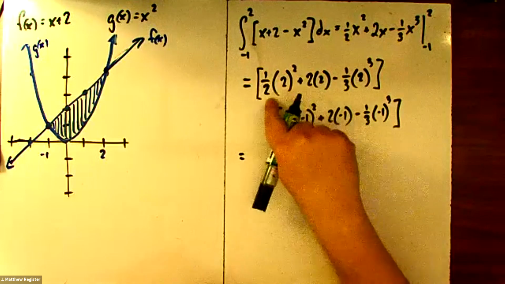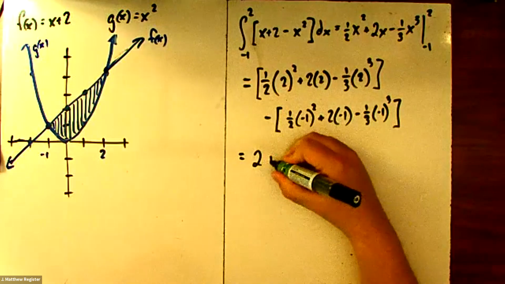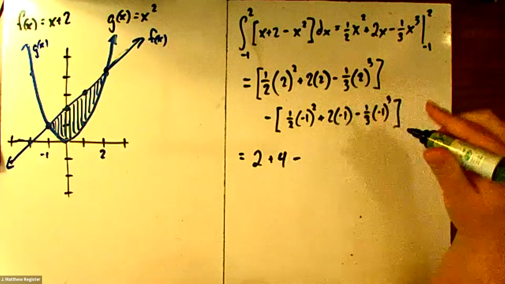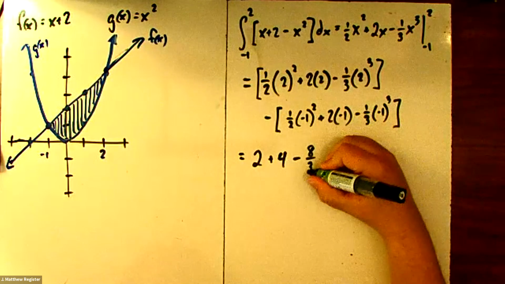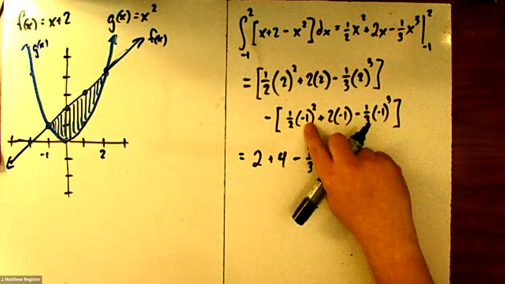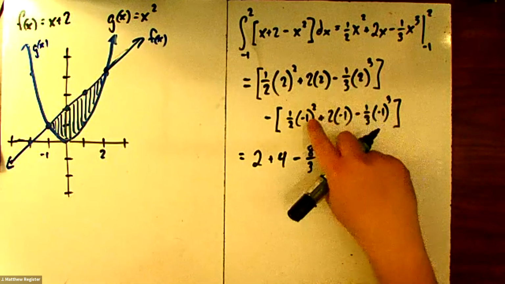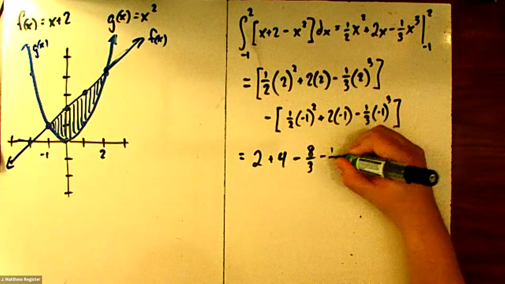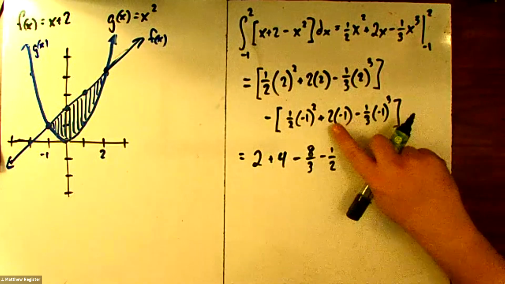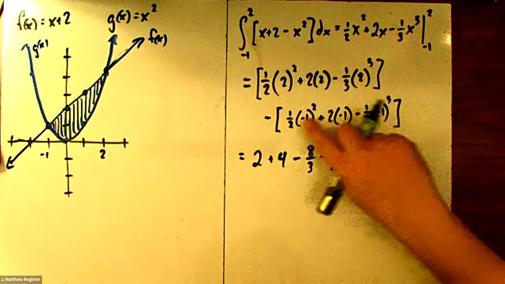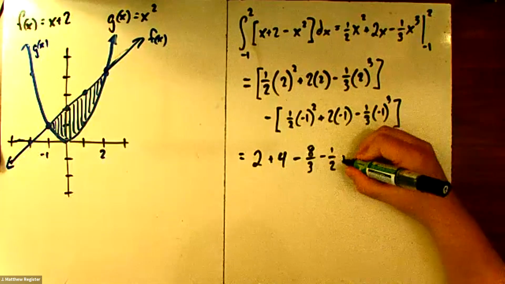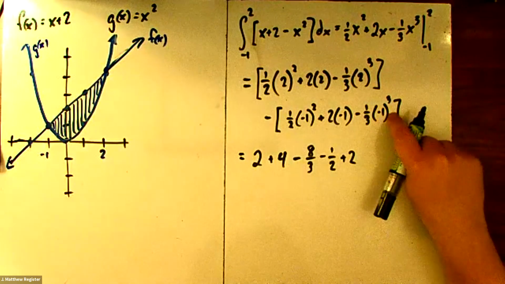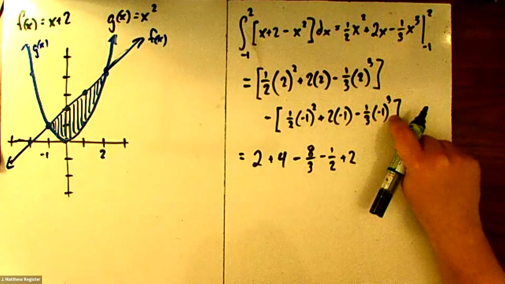But 2 squared is 4, 1/2 of 4 is 2, plus 4, minus 1/3 of 8 would be 8/3. And then we're going to have a negative 1/2 squared is positive 1. And so it becomes a negative 1/2. And then we're going to have a 2 times negative 1 is negative 2, which goes to positive 2. And then 1/3 of negative 1 cubed. Well, negative 1 cubed is negative 1.